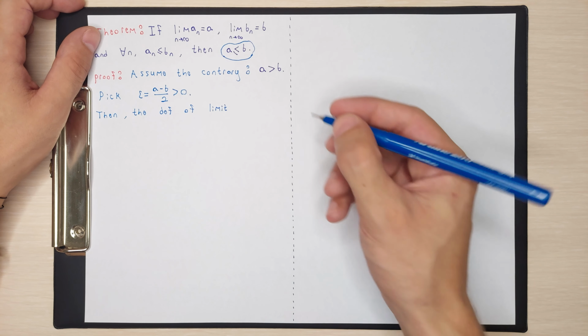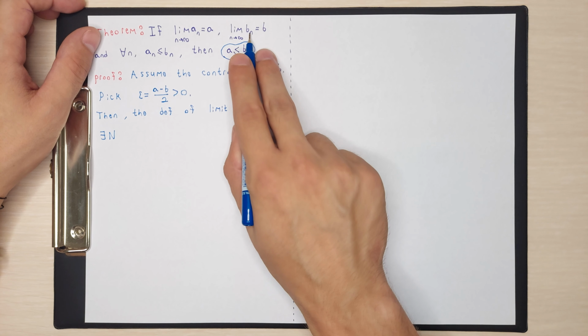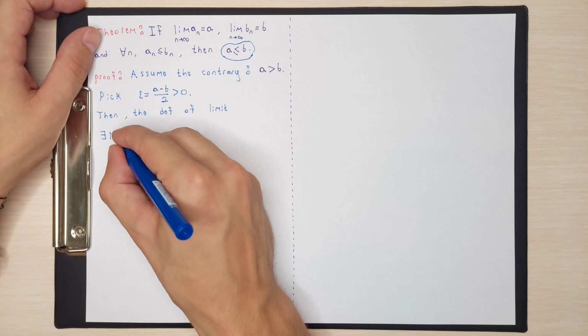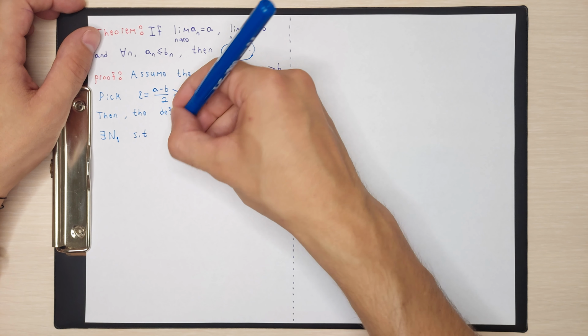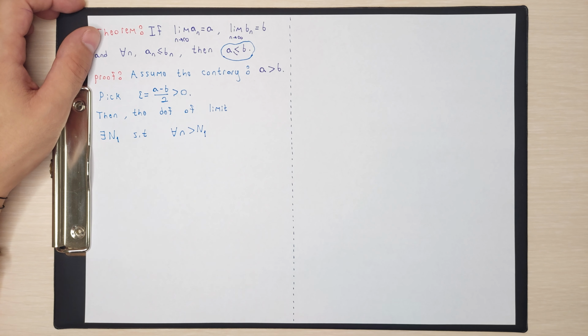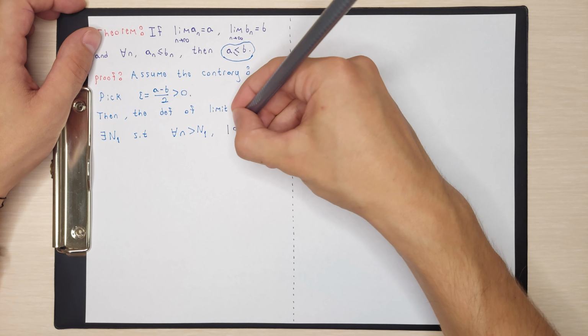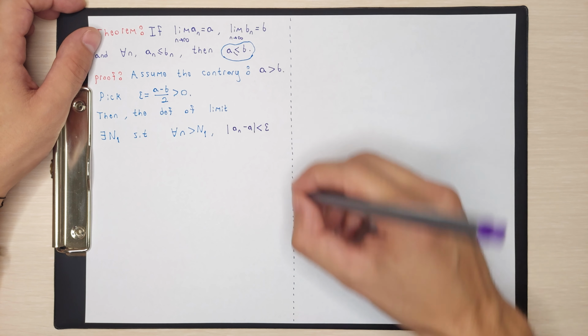for an, what is it? There exists n. I will use the same definition for bn, so I want to say not n, but n1, such that for all n values which are greater than n1, we have the absolute value of an minus a is less than epsilon.